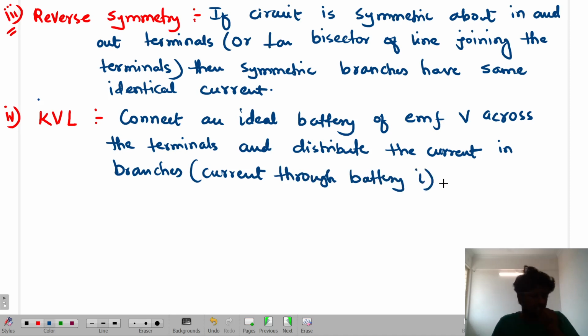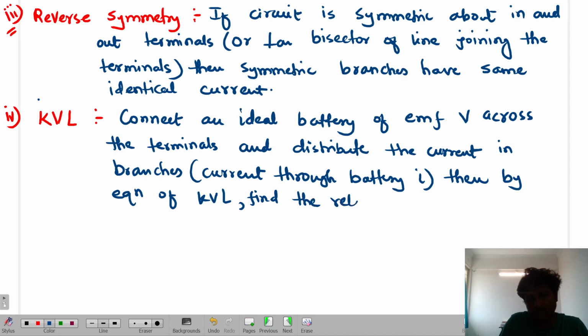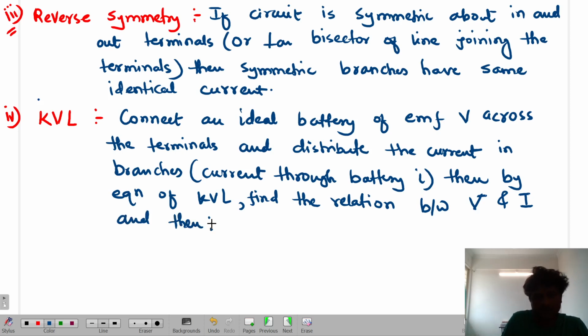Right or not? Then by equations of KVL, find the relation between V and I. And then the equivalent R is nothing but the net voltage of the battery divided by the current in the cell.